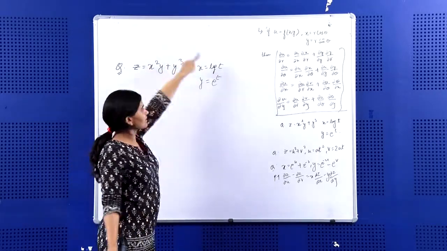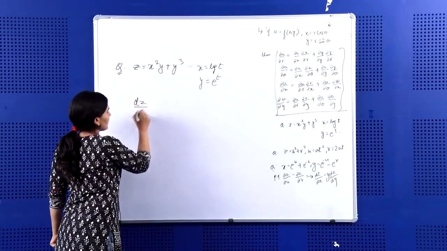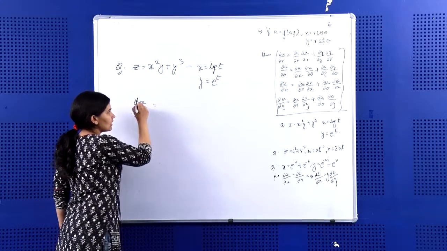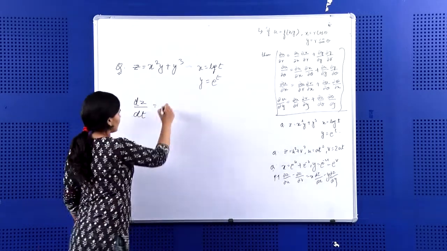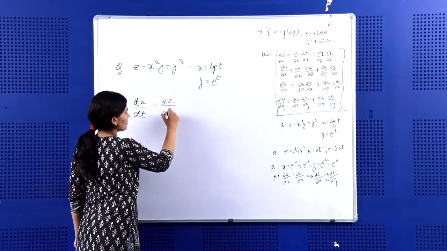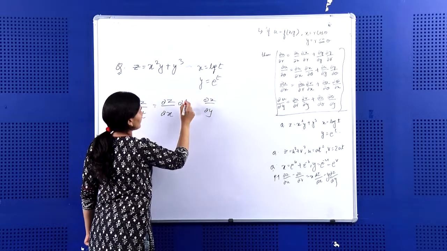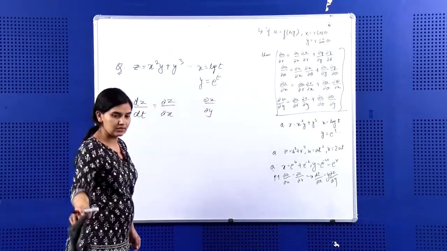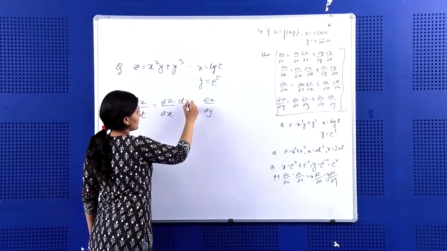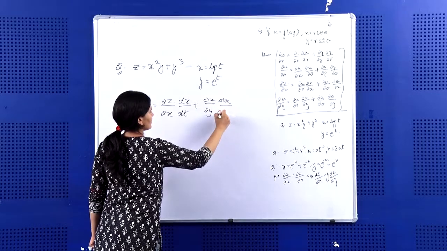So, z is indirectly depending on t, so we have to use dz by dt. It is d because z depends on only t, a single variable. x and y depend on only t, so we will use d here. So, it is dx by dt, dy by dt.